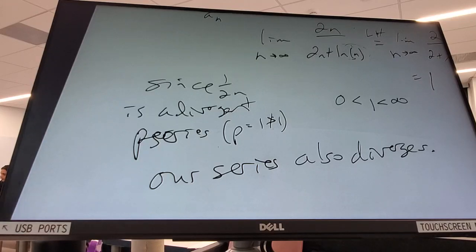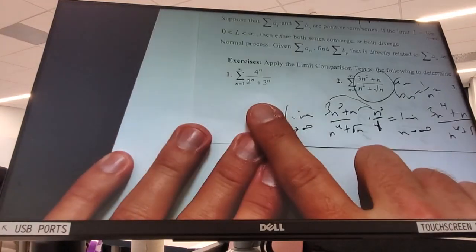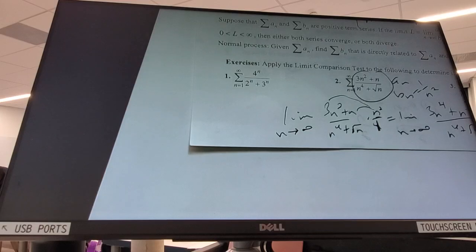So coming back to this first one. Does anyone have any suggestions? All right, real quick. Do you guys think it diverges or converges? You think it converges?